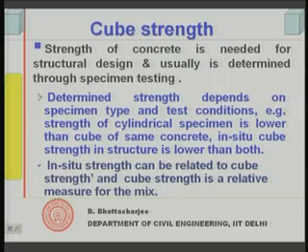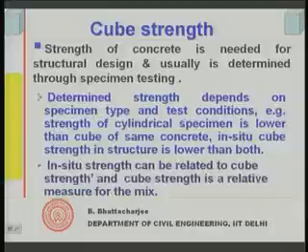It gives me a relative measure of the strength giving capability of the concrete mix. The strength of concrete in structure is different. The strength of concrete cubes, as we test and do gradation of concrete like M25, M30, is essentially a relative measure of the mix that is going.